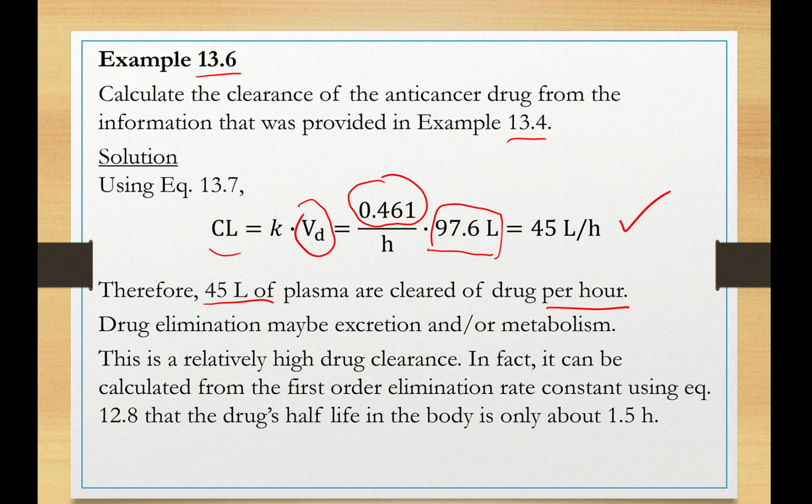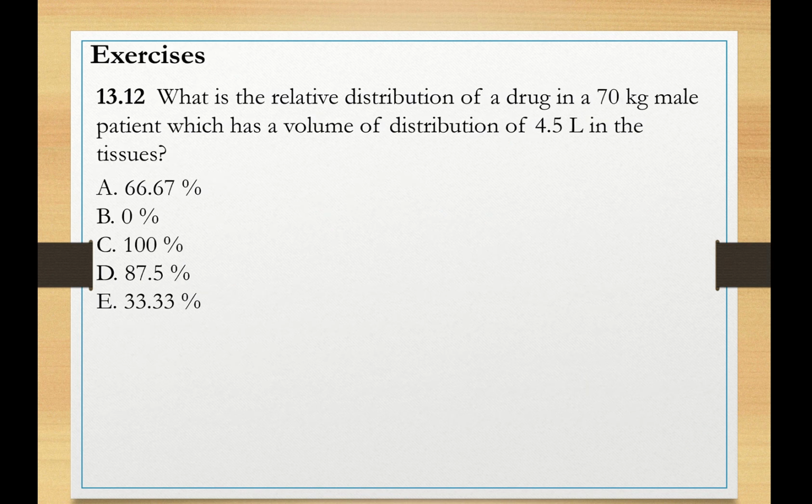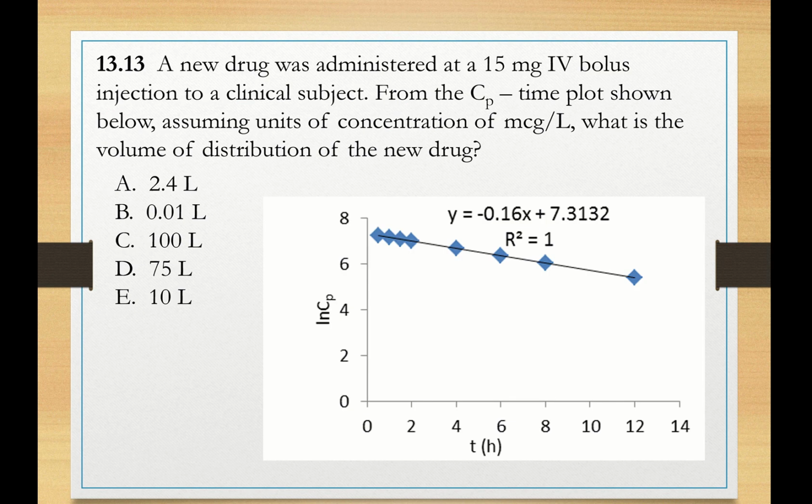Okay? This is nice. So finally, it's practice time. I have here 13.12 that is asking you to determine the relative distribution of a drug in a 70 kilogram male that has a volume distribution of 4.5 liters. 13.13 is asking you from the best fit equation to determine the volume distribution, and you are given the dose.